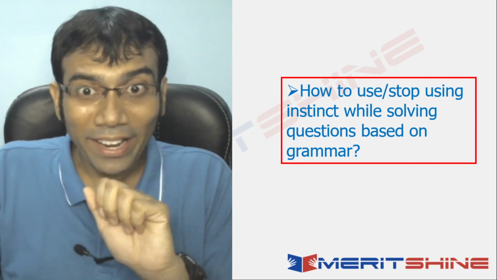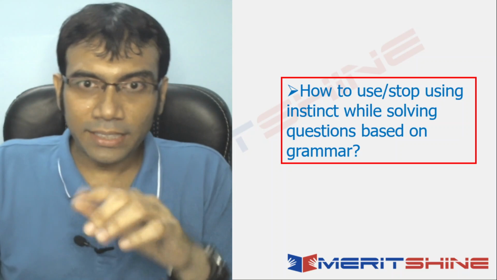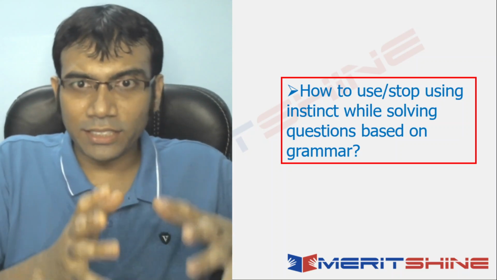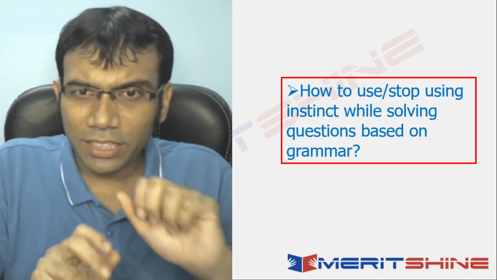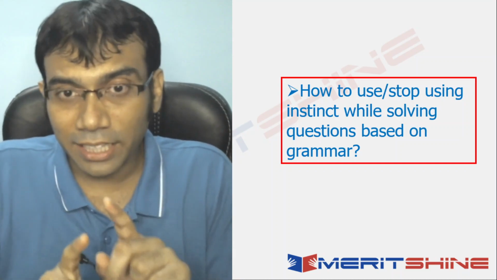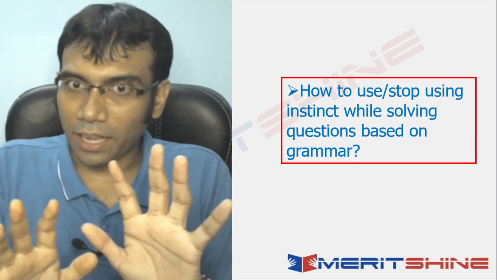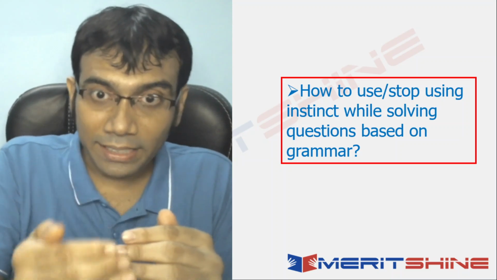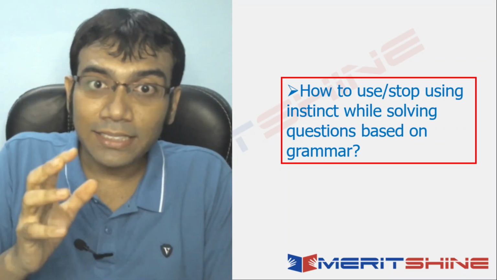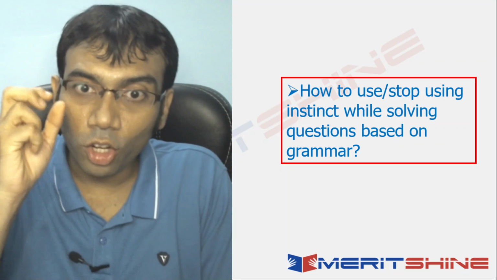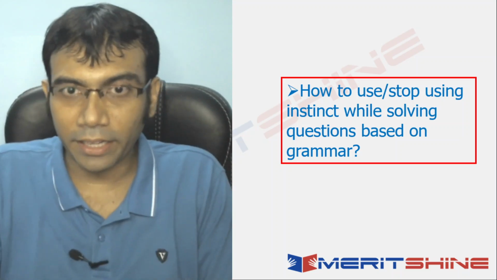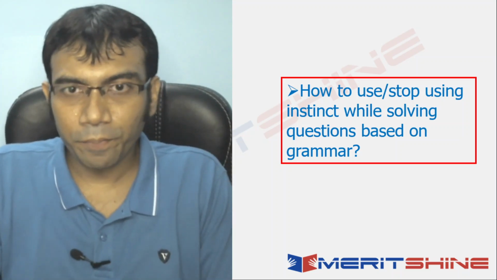Why? Are Virat Kohli and Rohit Sharma not playing with instinct? No, they also play with instinct. But in batting, their instinct has the background support of their conceptual knowledge of batting and their practice of batting.